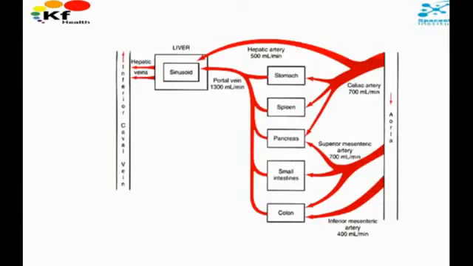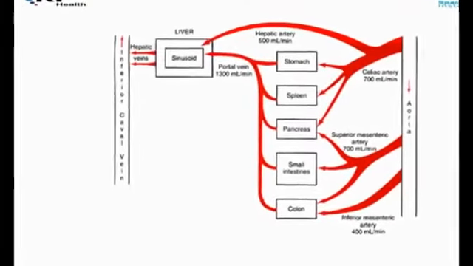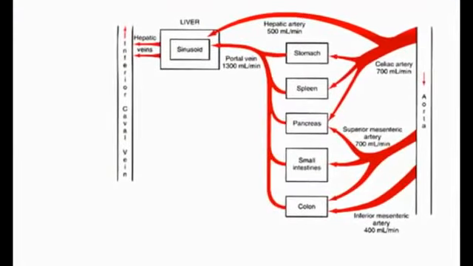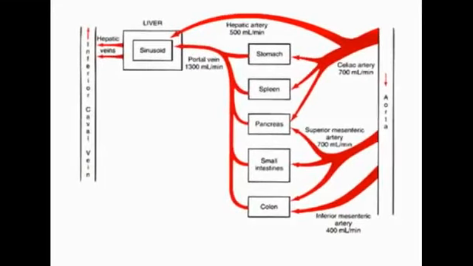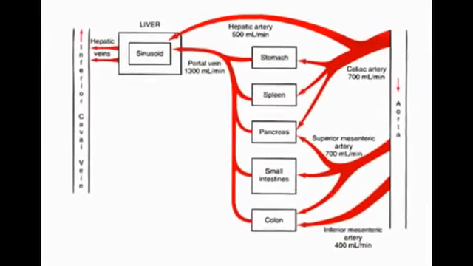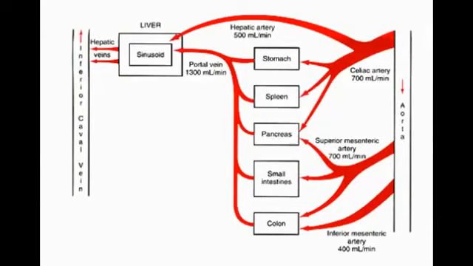All that venous blood is collected inside the vena porta and goes into the liver through the hepatic portal vein. On the other hand, the liver gets blood flow from the aorta through the hepatic arteries. So the blood supply to the liver is from two parts, from the vein and from the artery part of our circulatory system.